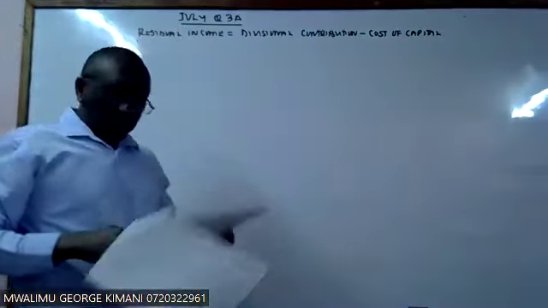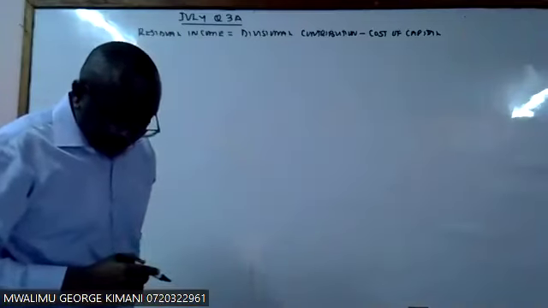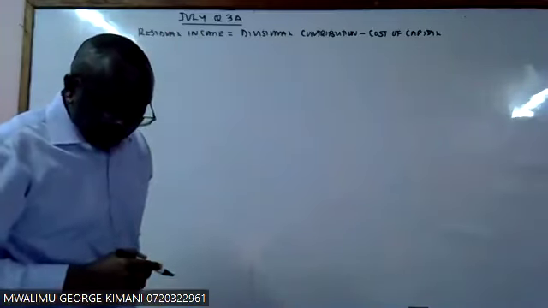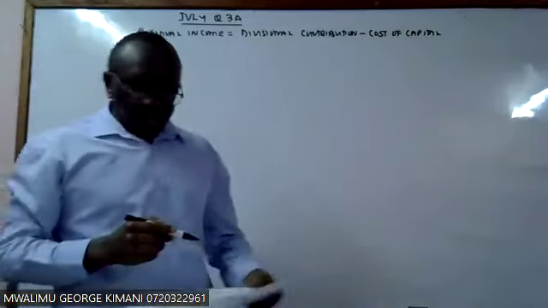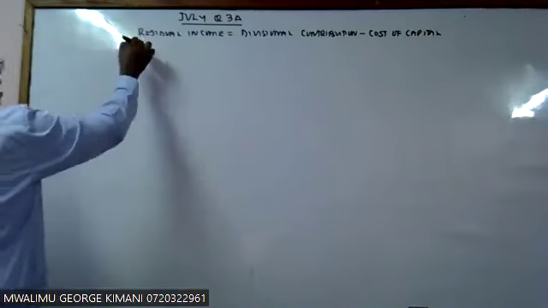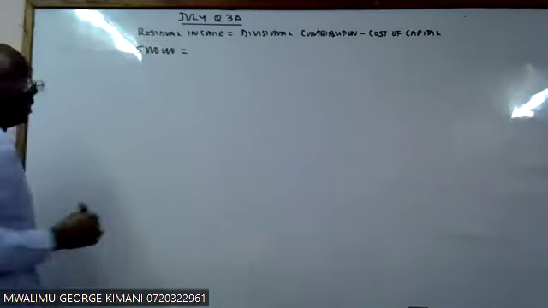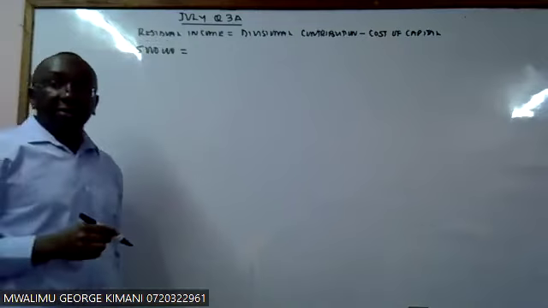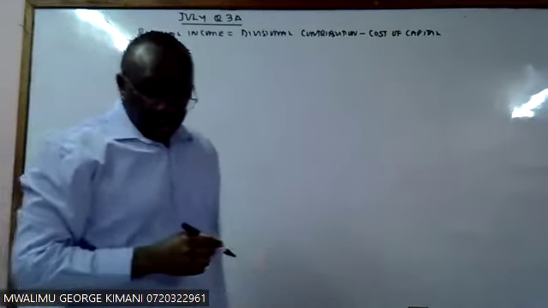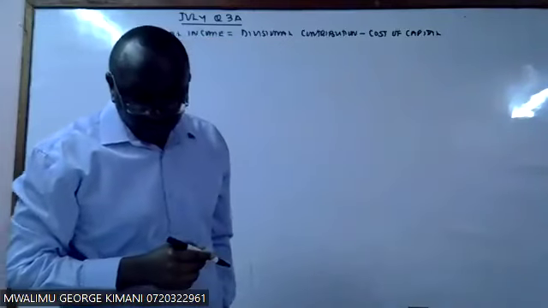Okay, so in this one, we need to get the residual income. We are targeting a residual income of 5 million. And the residual income is going to be given by sales.